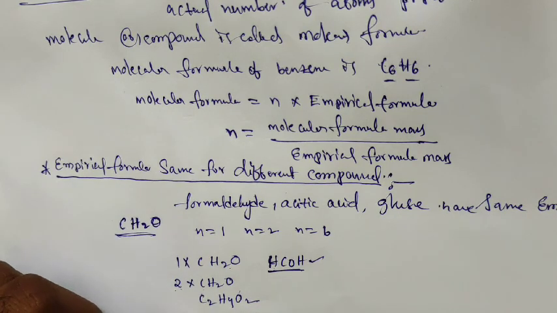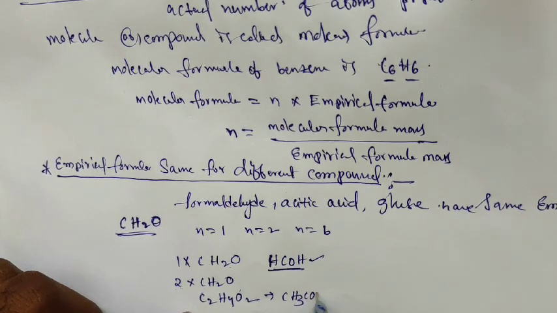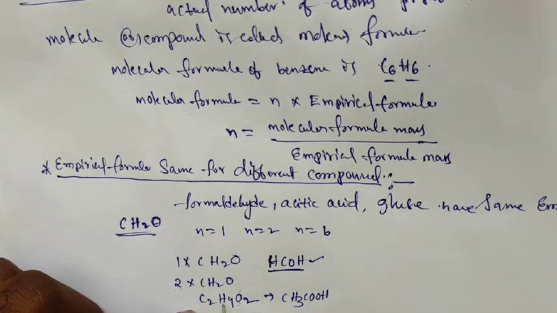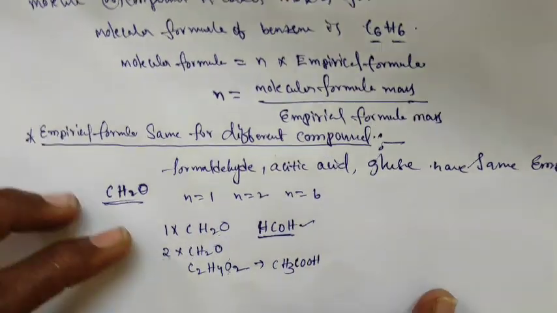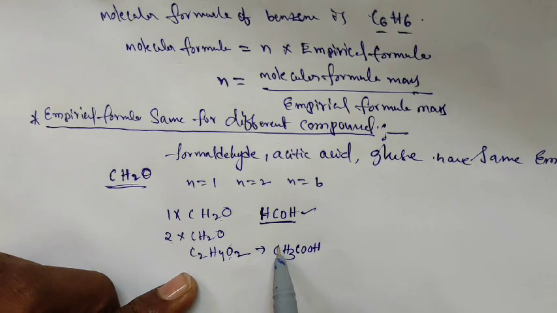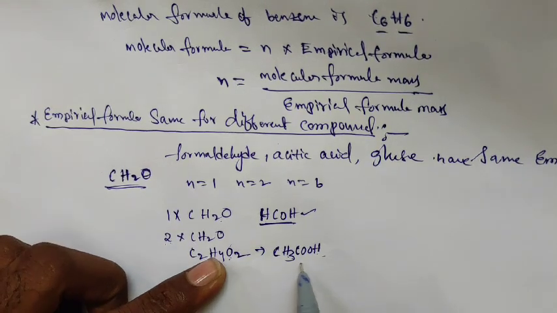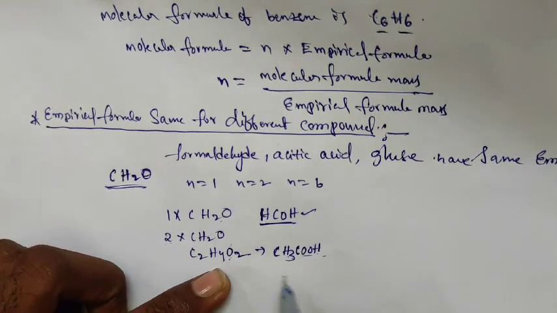This is acetic acid, expanded form CH3COOH: 2 carbon atoms, 4 hydrogen atoms and 2 oxygen atoms.